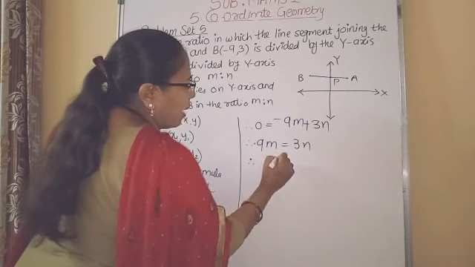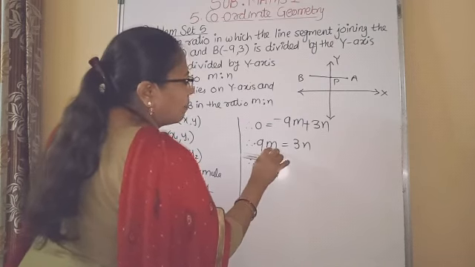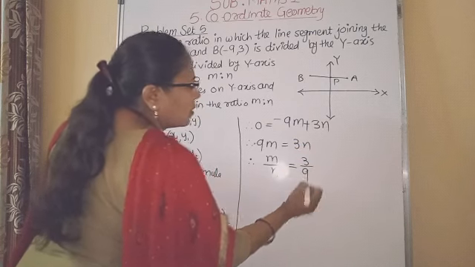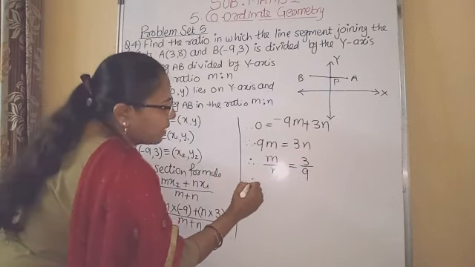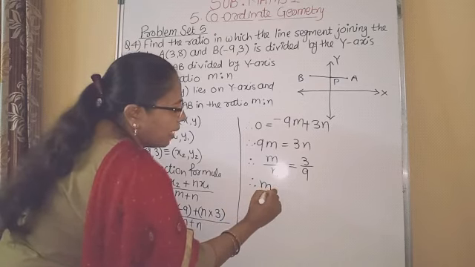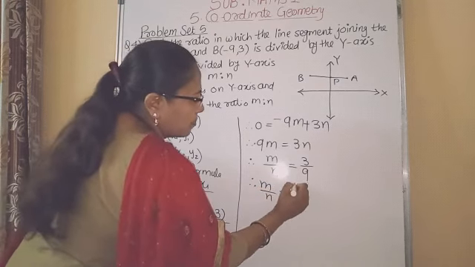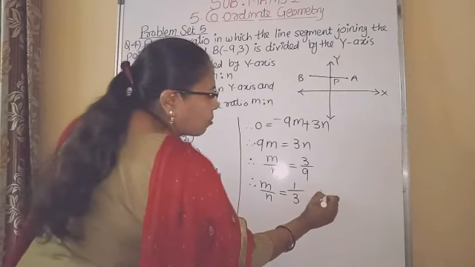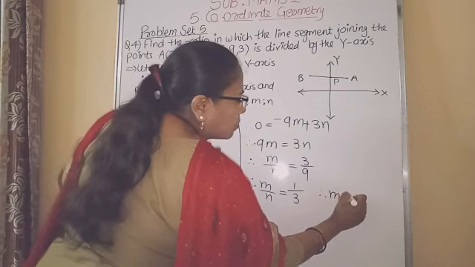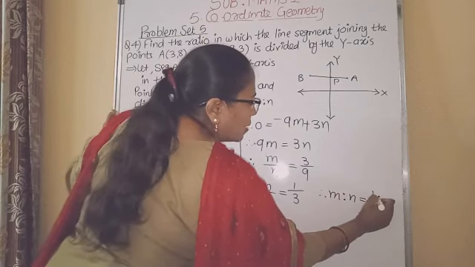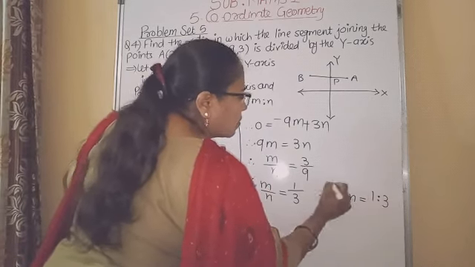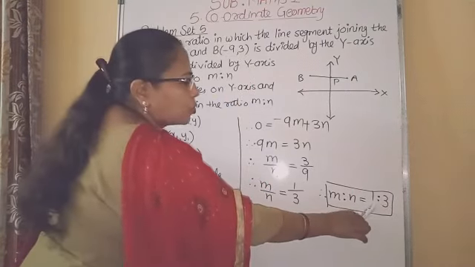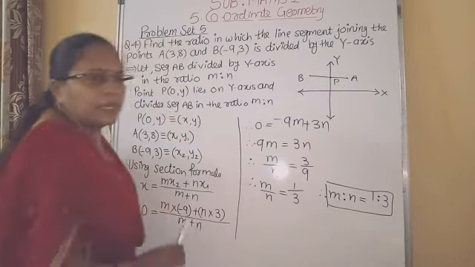We have to find out the m upon n ratio. So m upon n equal to 3 upon 9. So it is simplified. m upon n is equal to 3 one the 3, 3 three the 9. So we got the ratio. Therefore, the m is to n ratio is equal to 1 is to 3. So the y-axis divides the segment in the ratio 1 is to 3.